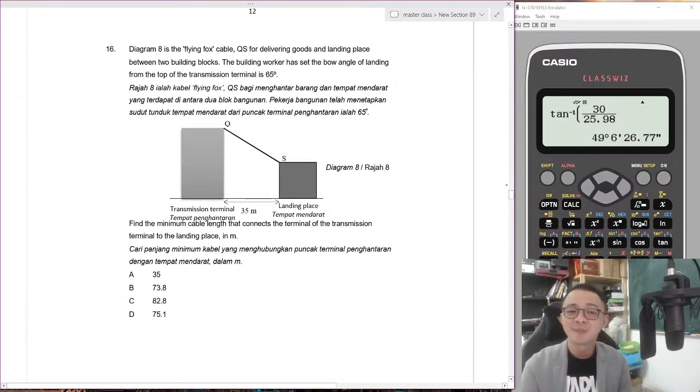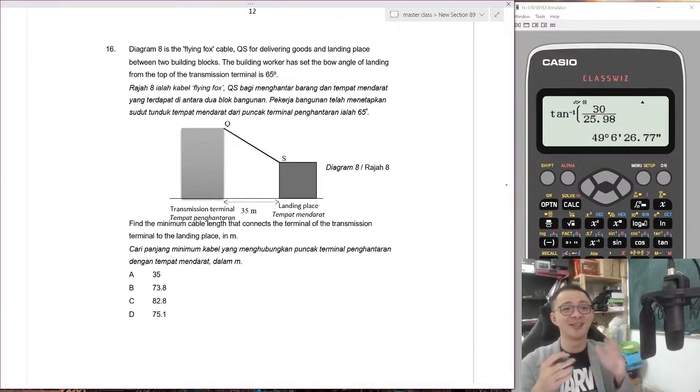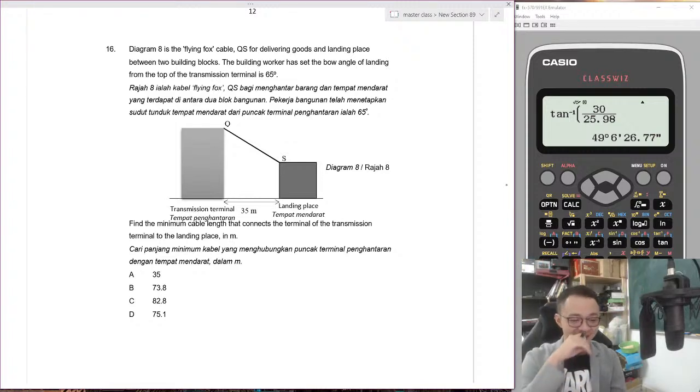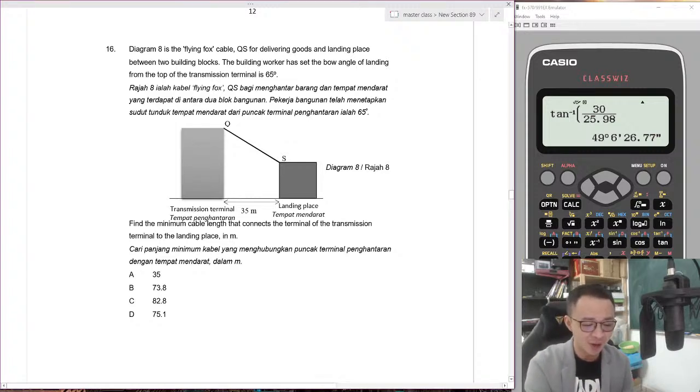Alright, so diagram 8 is a flying fox cable. If you play the flying fox, you should know basically you start from a height there, and then you get something to hold, and then you fly down. Okay, if you do not know, you can just search on Google, because it's one of the team building activities. So QS is for delivering goods to a landing place.